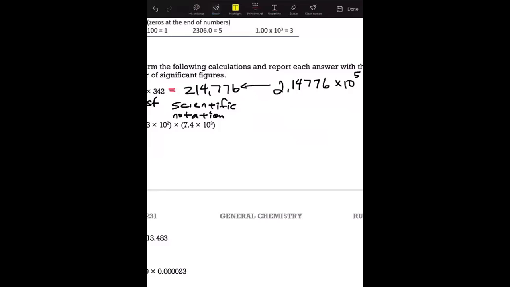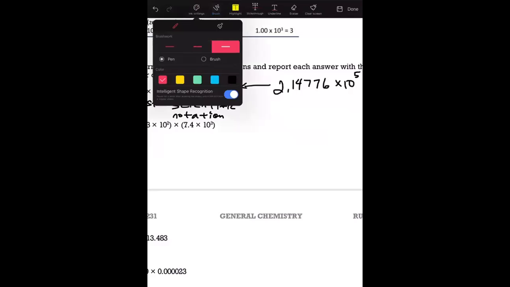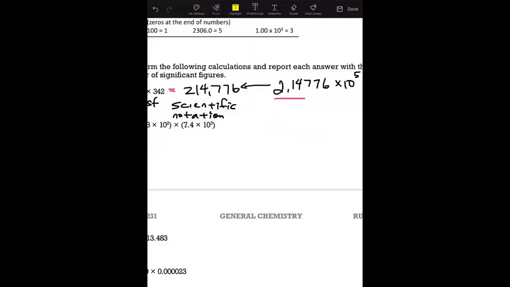So now we have to do some rounding, don't we? Because as of now, it's still 6 sig figs. We want to get to right here. So would that make it 2.15? Yes, because the 6 rounds the 7 to an 8, and that 8 would round the 4 to a 5. But we need 3 sig figs, so we have to drop off the other numbers.